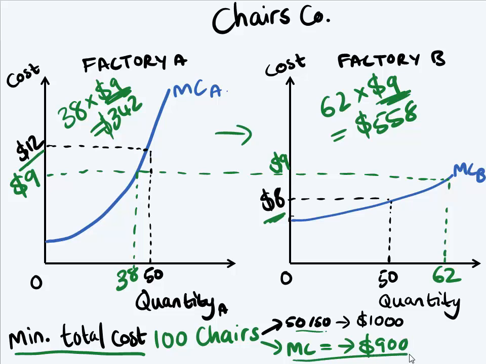Can you see this one is a lot lower than this one? Why? Because I didn't divide the quantity I produce in each factory equally. I divided it in such a way that my marginal costs are the same, and then my total costs would be minimized. So what have we learned from this experience?